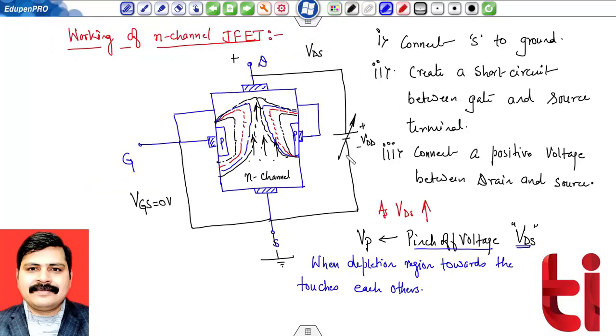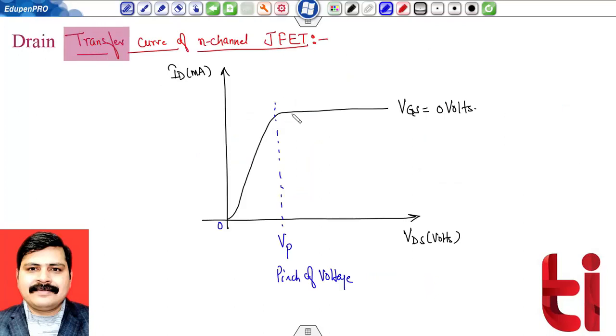As I'm increasing this voltage by increasing the variable battery VDD, the effective voltage between drain and source increases, and at voltage VP pinch off will occur, and there will be a fixed amount of channel through which a fixed amount of charge carriers can move, and the value of current will be saturated. So the value of current is fixed.